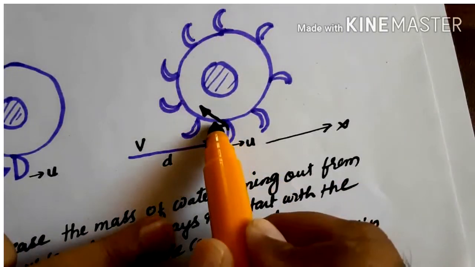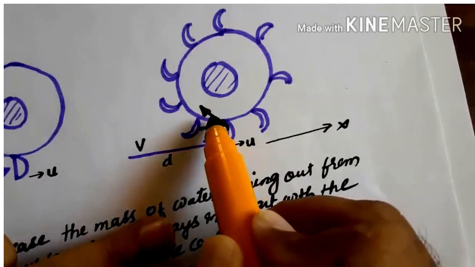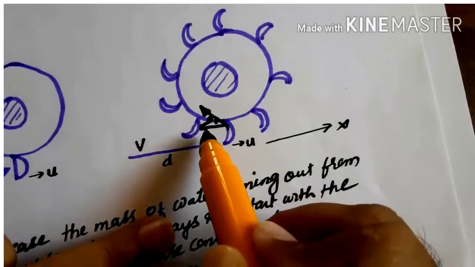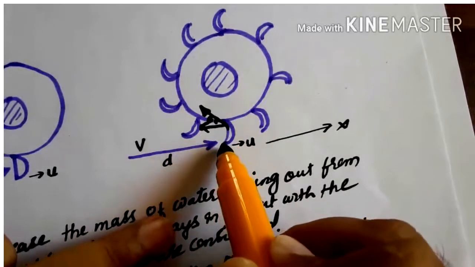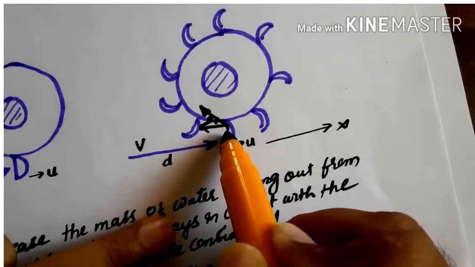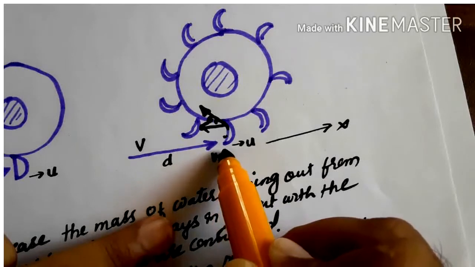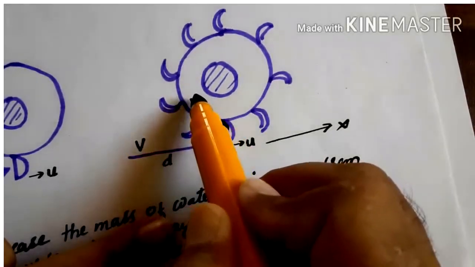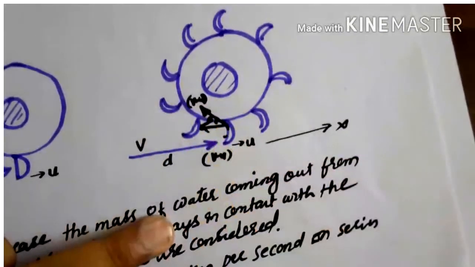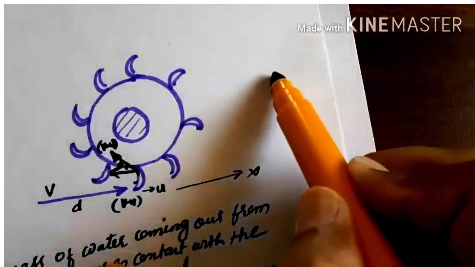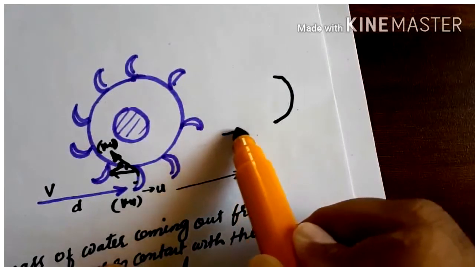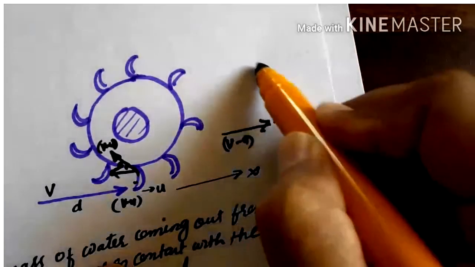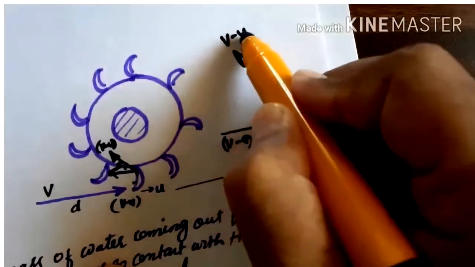If this makes an angle of theta, resolve it: the velocity at the vane, the initial velocity, is v minus u, and the final velocity is again v minus u.